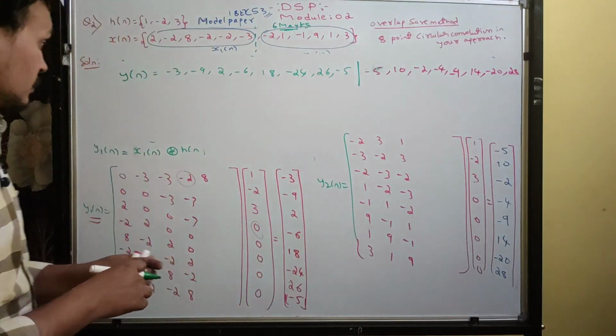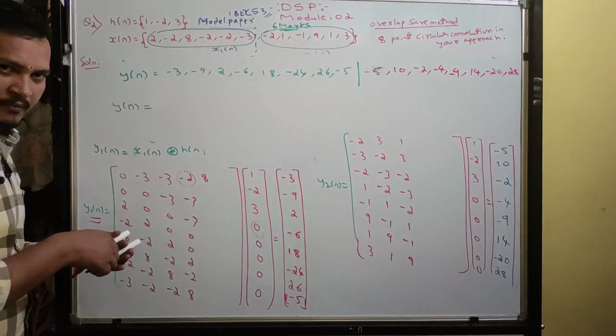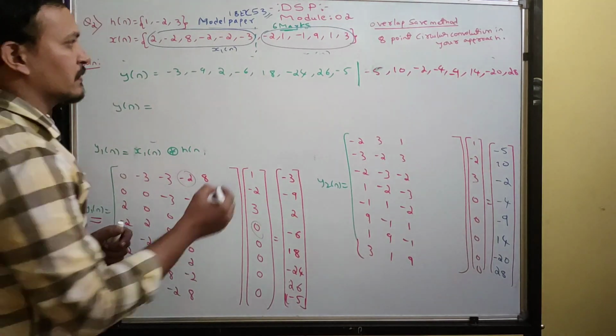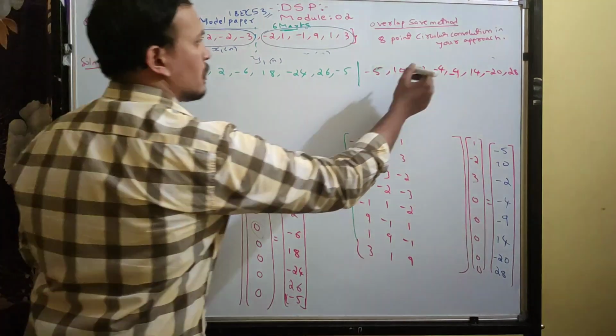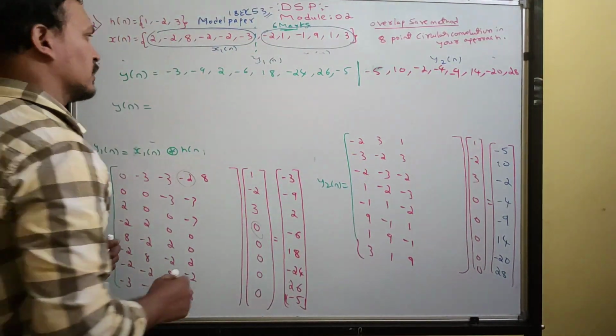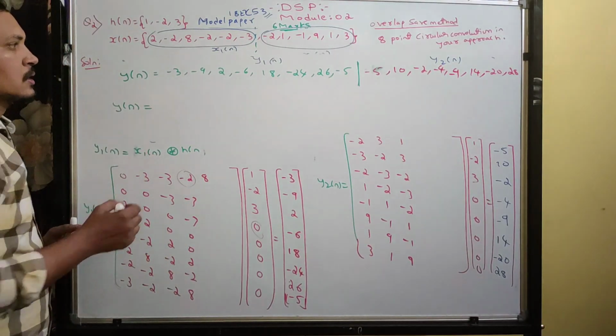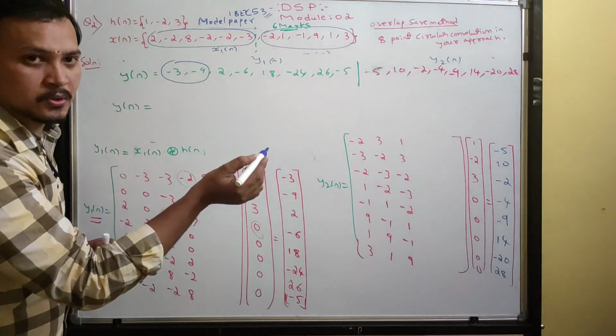Now the overall output y of n is equal to: this is the y1 of n output, the first data block, and this is y2 of n, the second data block. Once you write this, you take the starting m-1 samples in both outputs.